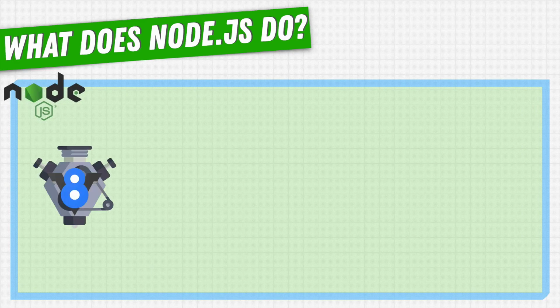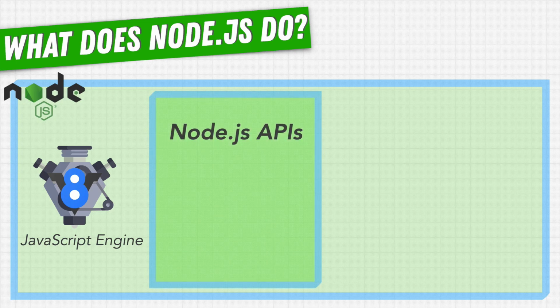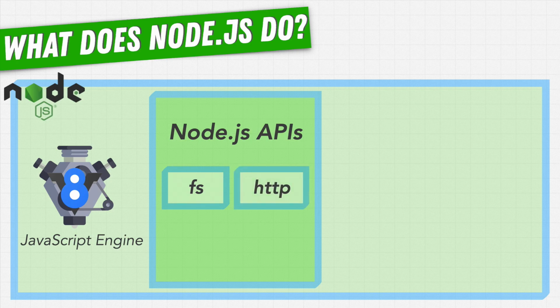We've already seen that we have the V8 engine, which is what allows us to run basic JavaScript code like 2+2. But also part of Node are our Node.js APIs, or additional functions that allow us to do things like talk to the file system to read files, and make HTTP requests, or look up paths on our computer for files that we might want to read and write.